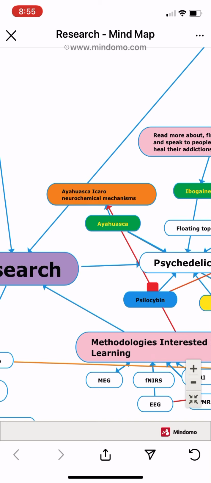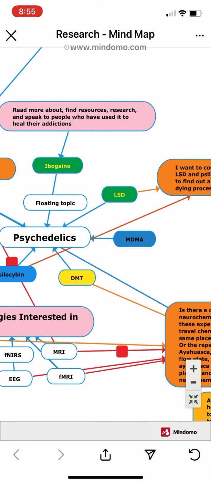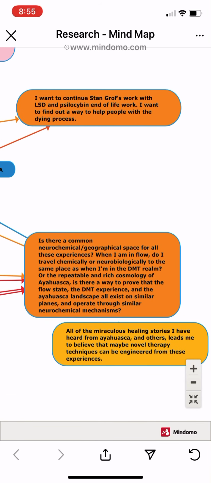So this particular research question, which is essentially, is there a common neurochemical geographical space for these experiences? When I'm in flow, do I travel chemically or neurobiologically to the same place as when I'm in the DMT realm? Or ayahuasca, is that the same landscape?